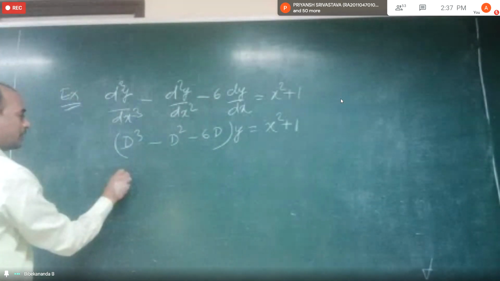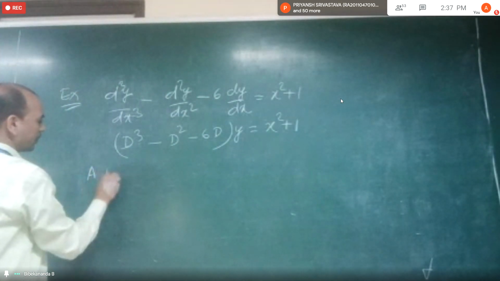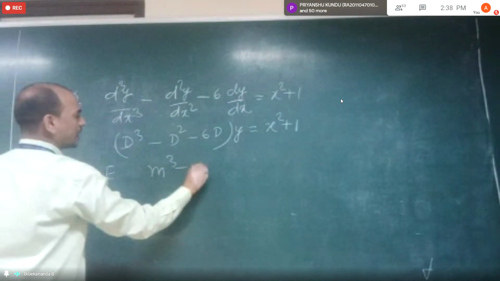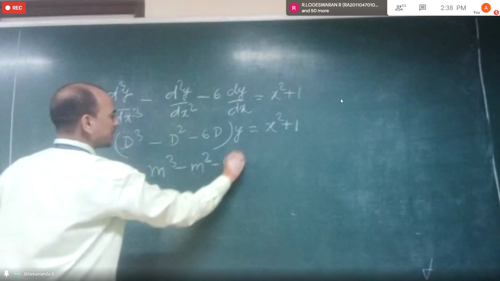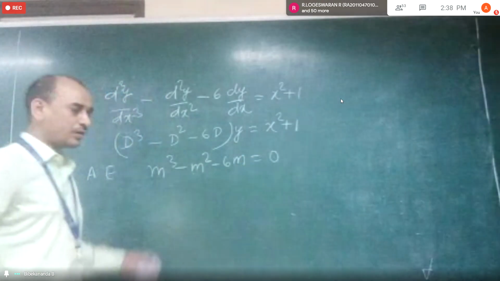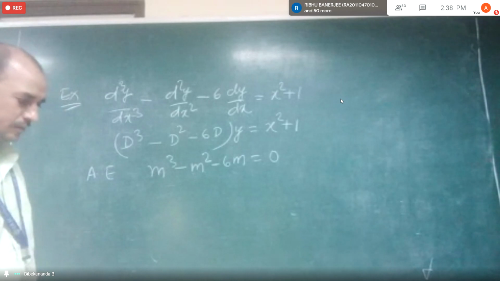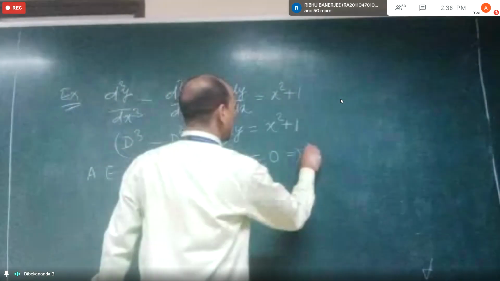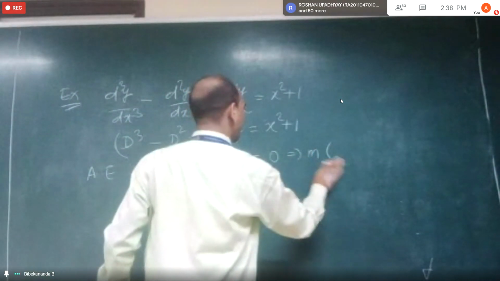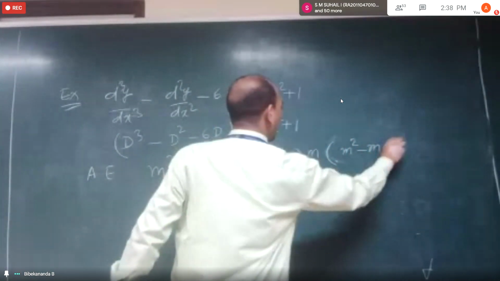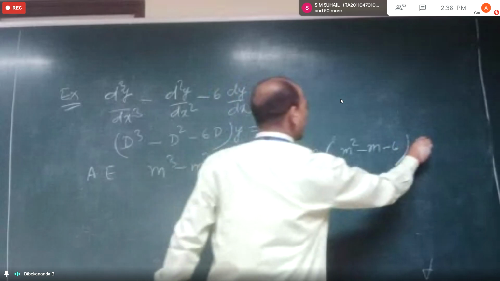So what will be the auxiliary equation? m cube minus m square minus 6m equal to 0. What is common in each term? m, sir. So this implies m into m square minus m minus 6 equal to 0.